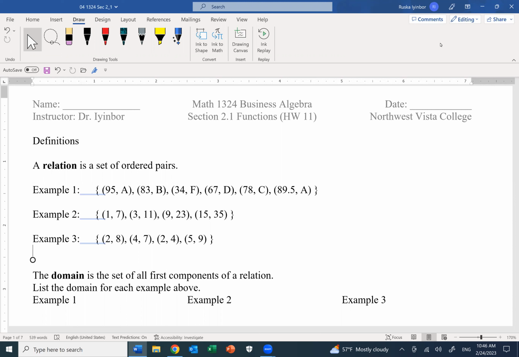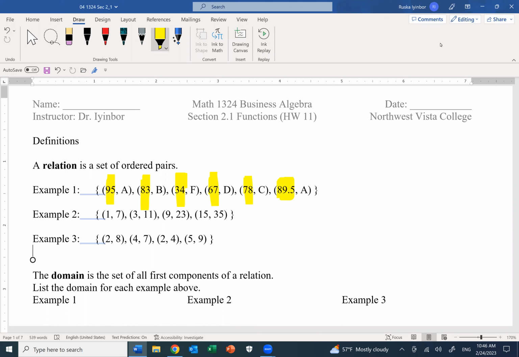Now, the definition of domain is the set of all first components of the relation. Looking at my example 1, 95 is from the domain, the first coordinate, 83 is a first coordinate, 34, 67, all the first numbers in these pairs are the domain.